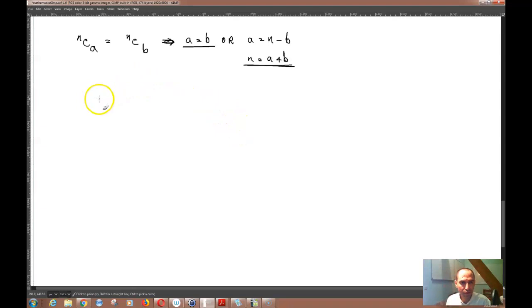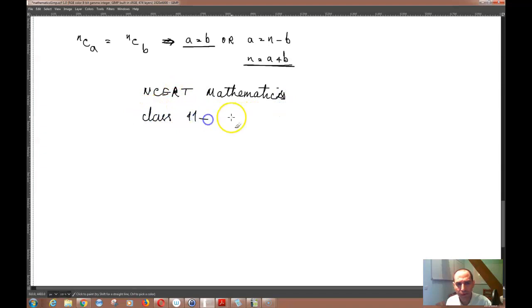So when you say that, for example, A implies B, now I had to search a little bit, and this kind of material you can find in NCERT mathematics class 11, chapter 14, which is called mathematical reasoning.